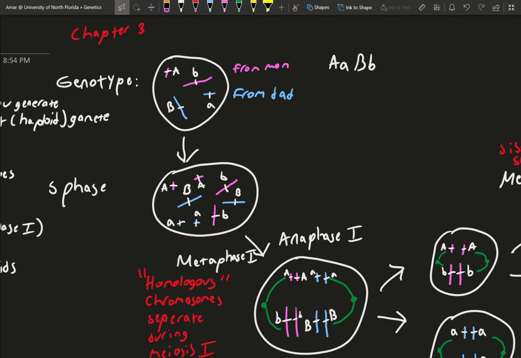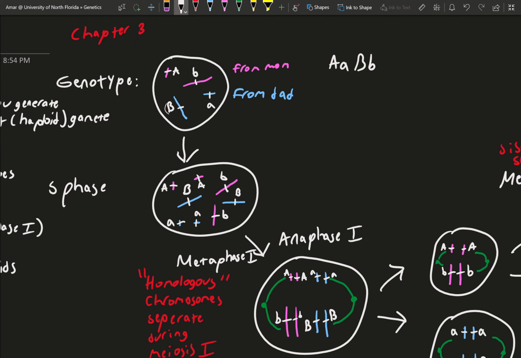So for example, a homologous chromosome in this situation would be this blue big B chromosome and this pink little b chromosome. And same thing for the pink big A and the blue little a chromosome as well. Another thing you might get in a homework problem is distinguishing which are homologous chromosomes and which aren't.